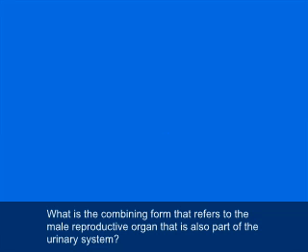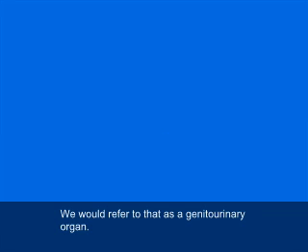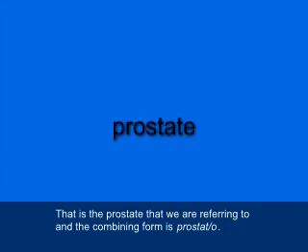What is the combining form that refers to the male reproductive organ that is also part of the urinary system? We would refer to that as a genitourinary organ. Well, that's the prostate that we're referring to, and the combining form is prostato, PROSTAT/O.